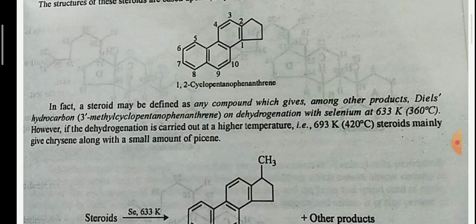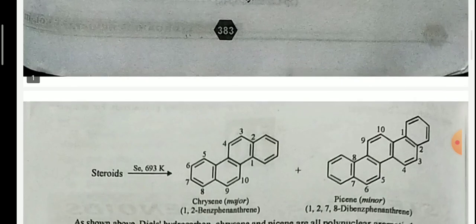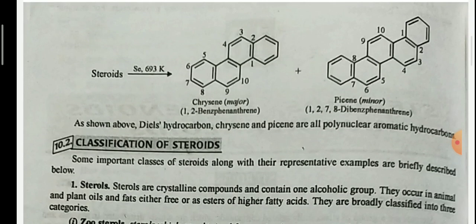However, if the dehydrogenation is carried out at a higher temperature, that is 693 Kelvin, 420 degrees Celsius, steroids mainly give chrysene along with a small amount of picene. As shown above, Diels hydrocarbon, chrysene and picene are all polynuclear aromatic hydrocarbons.